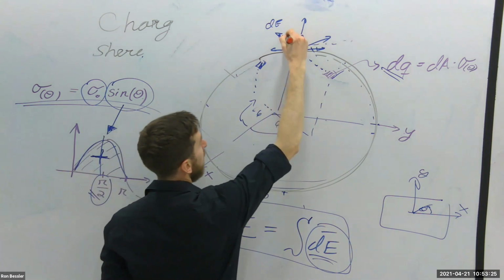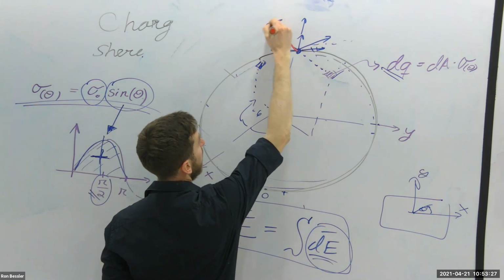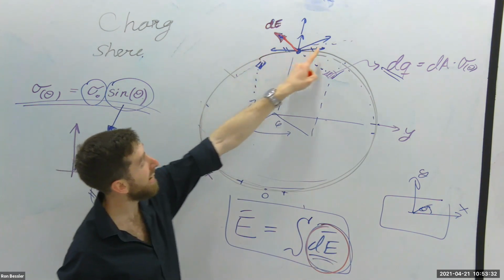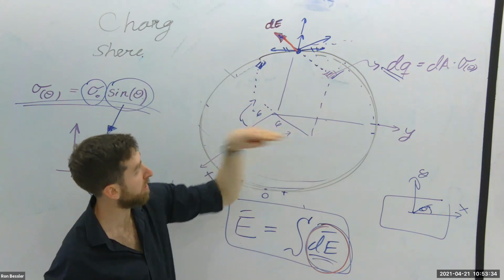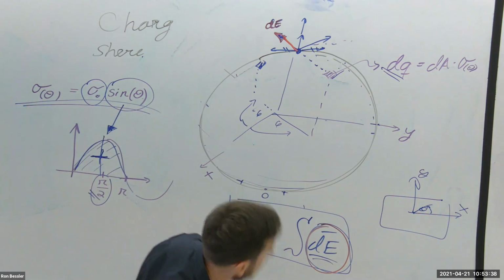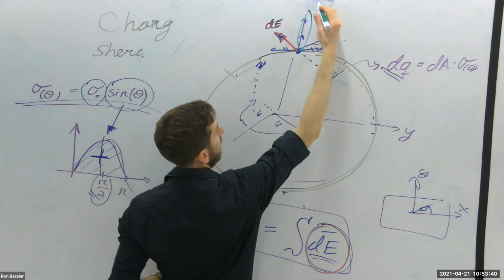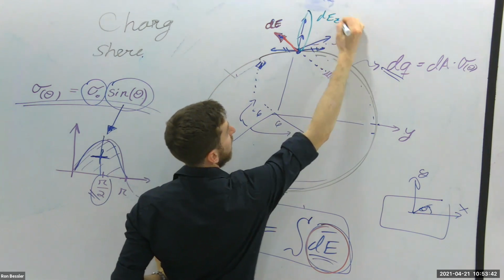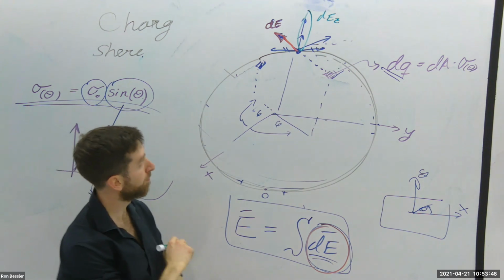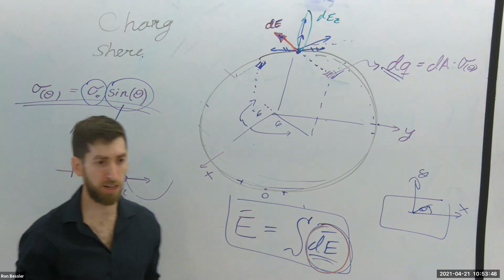Someone from the other side is going to cancel it out in this plane, right? And we're going to stay only with what? With this, which is dEz. It's the only thing that's going to stay. You understand? Which is easier to calculate.